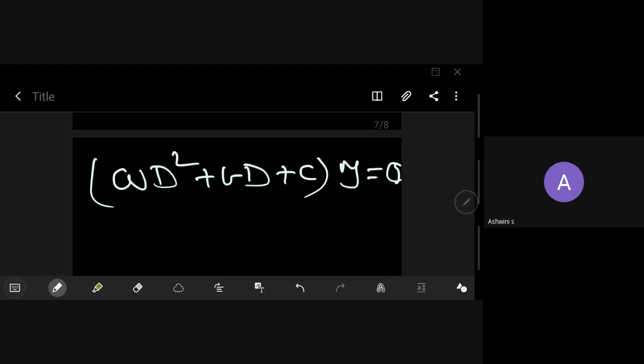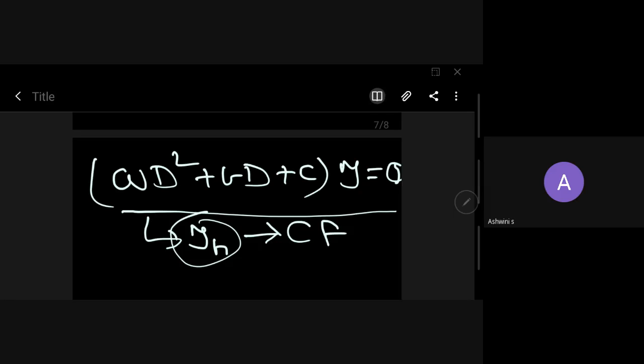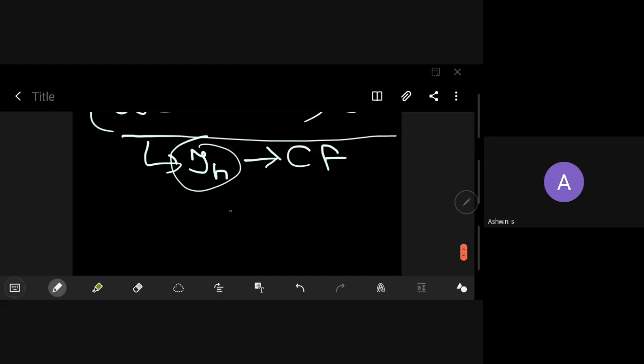That homogeneous part we write as y H. y H is also known as the complementary function, CF, the solution to the homogeneous part. And then we talk about another thing called the particular integral, PI.